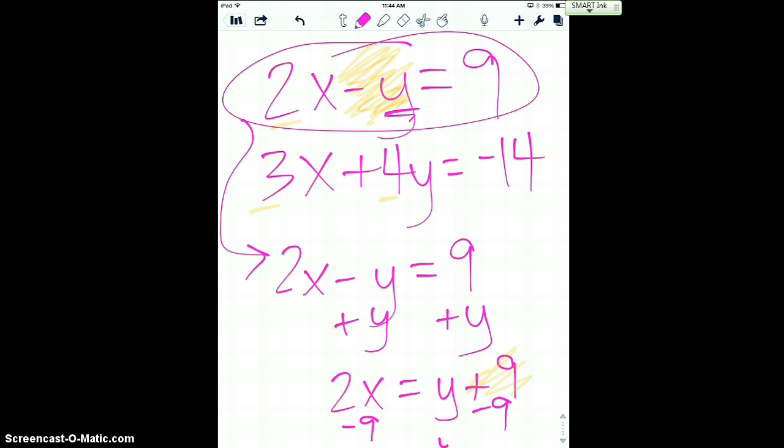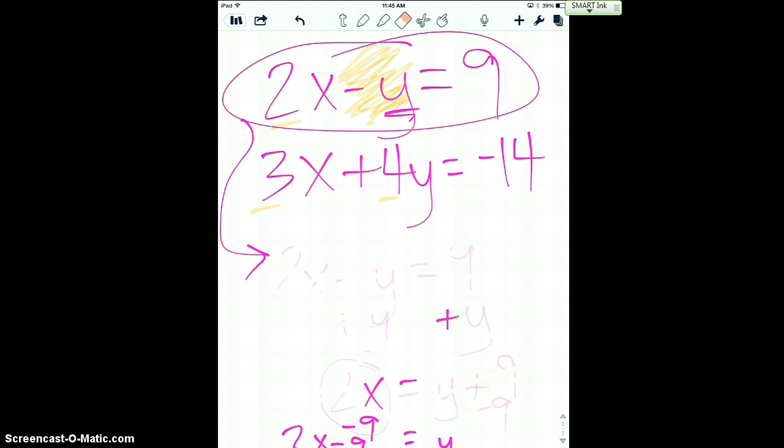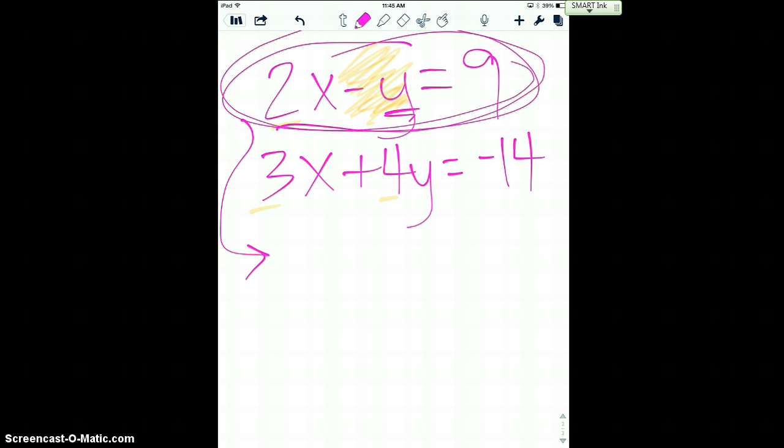And then I'll have y equals, and I cannot put these together. They're not like terms, so it's just going to be 2x minus 9. So I have now solved for y. I'm just going to rewrite this out here. I've taken that equation and rearranged it, so that y equals 2x minus 9.